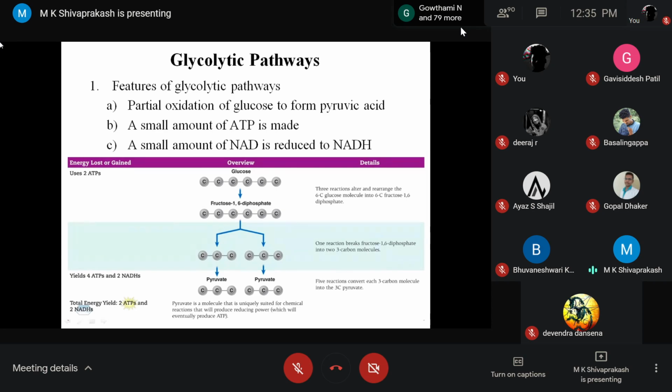Thus, the net yield at the end of the glycolytic pathway is 2 ATPs and 2 NADH. Three reactions alter the 6-carbon glucose molecule into 6-carbon fructose 1,6-phosphate. Further in the glycolytic pathway, you'll be able to see the pictorial details of that.